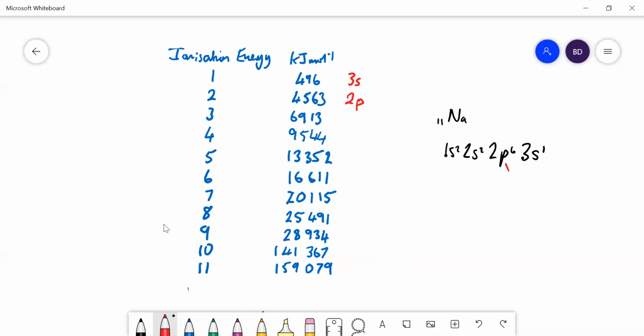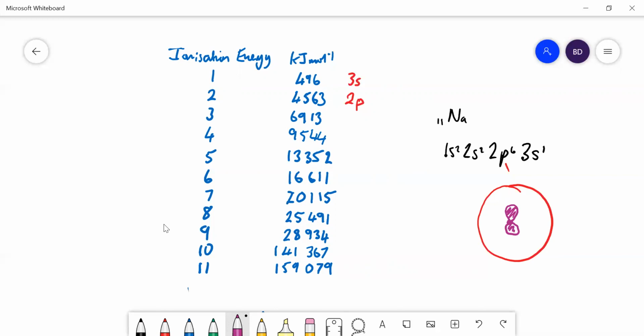The 3s is going to be somewhere like that, and 2p is going to be something like that. So you can see the 2p orbital is a lot closer to the nucleus, and so the attractive force of the nucleus is a lot stronger, and it's harder to remove it.